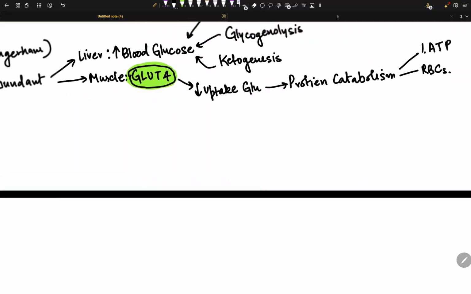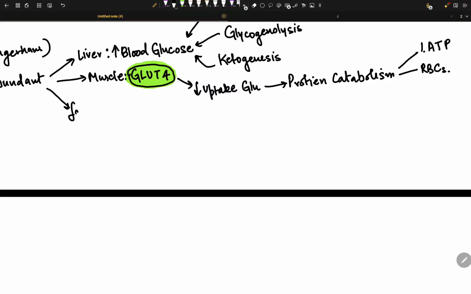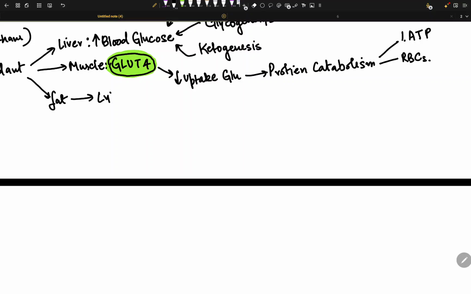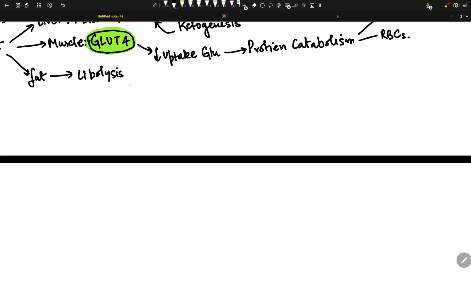What about fat? What will happen to the fat? Well, fat without insulin will first have lipolysis. So the fat breakdown is going to start. If lipolysis happens, then the blood will be flooded with free fatty acid chains.